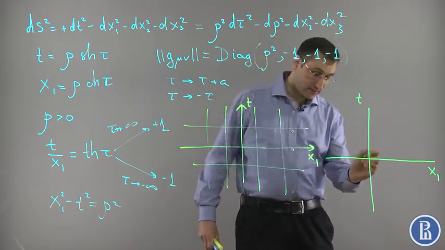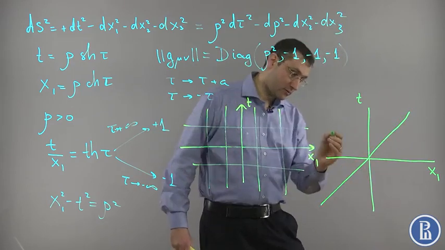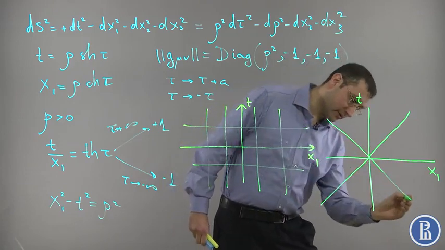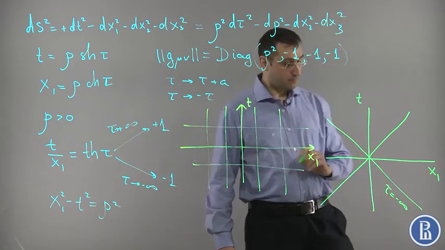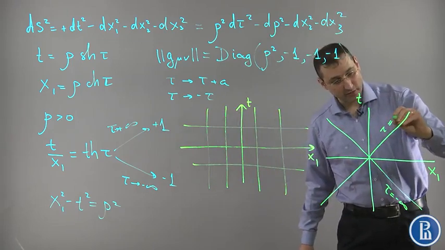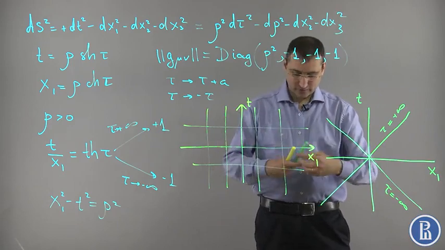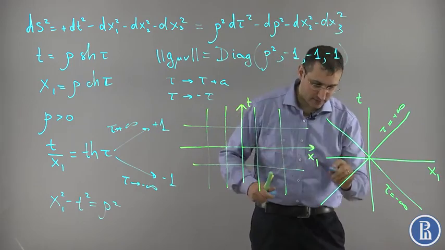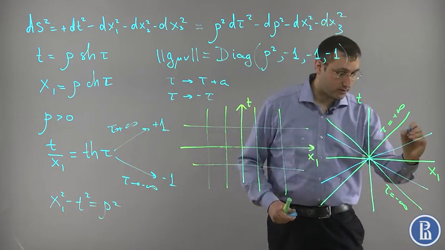We have a line which corresponds to tau minus infinity. This line corresponds to tau plus infinity. These are lines of constant tau. Let me draw them in a different color. So these are tau constant.